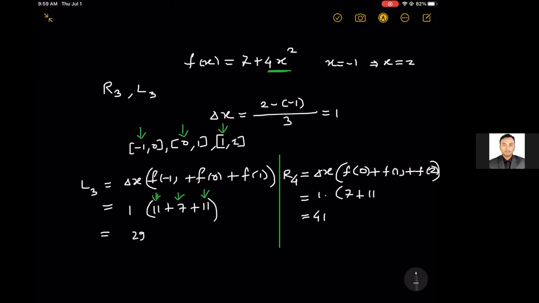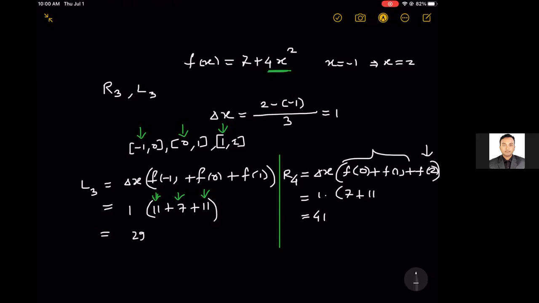So you can see, if you have already done the left Riemann sum, it doesn't matter how many subintervals you have. For the right Riemann sum, you will need just one more, the rightmost part. Other than that, the rest is already there from when you calculated the left Riemann sum. So that saves time. You don't need to do it again and again.